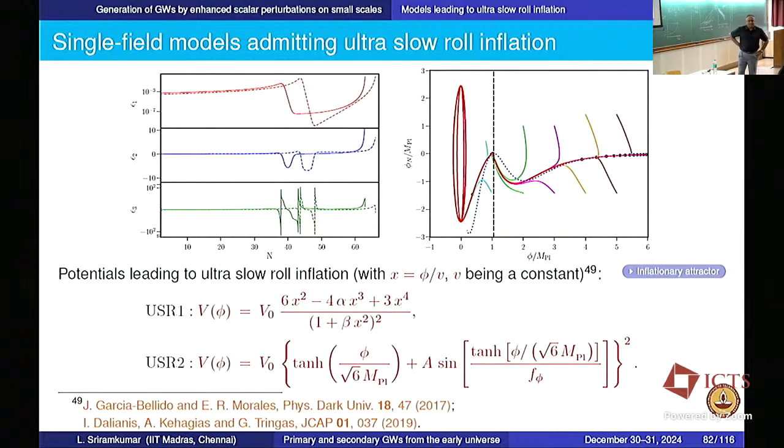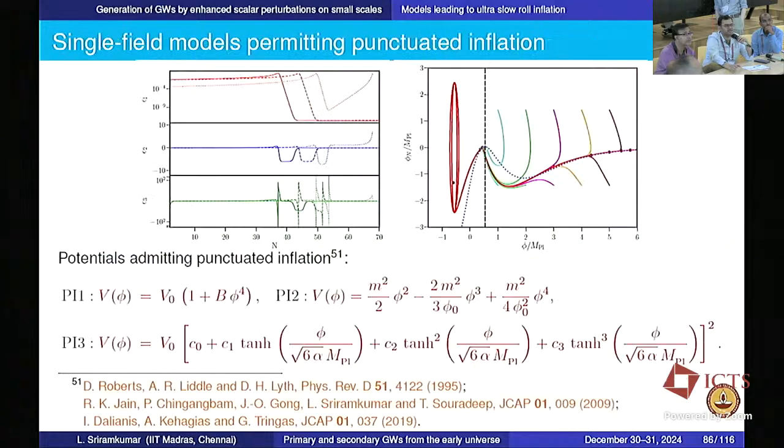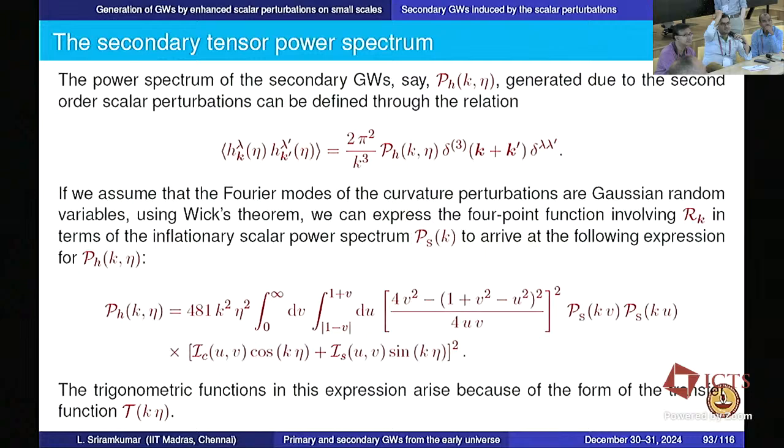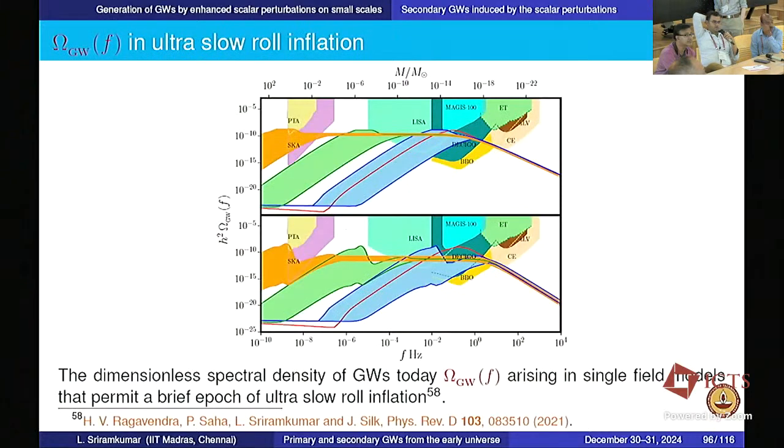I have a question. Can you go to the plot of the scalar-induced gravitational waves? Any one of them which shows some detectors. Okay, so these are different benchmark points, if I understand correctly. Actually, this is a bad figure; I should have used a better one.